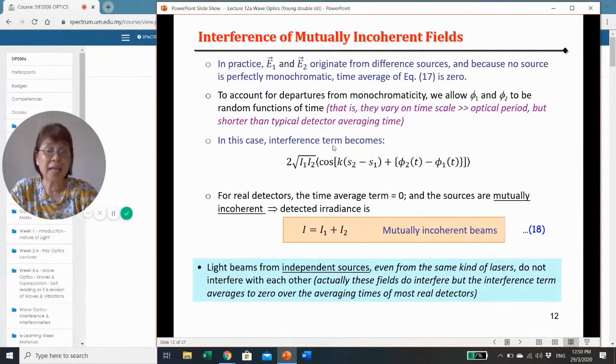Therefore the time average of the cosine delta function becomes 0, as we stated in the first sentence here. So for mutually incoherent beams, the resulting irradiance would just be the sum of the individual irradiances.